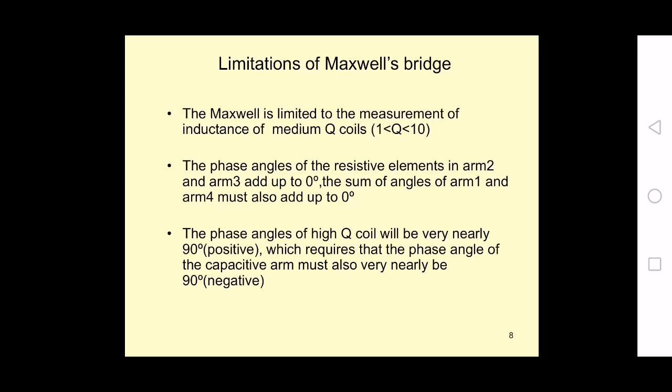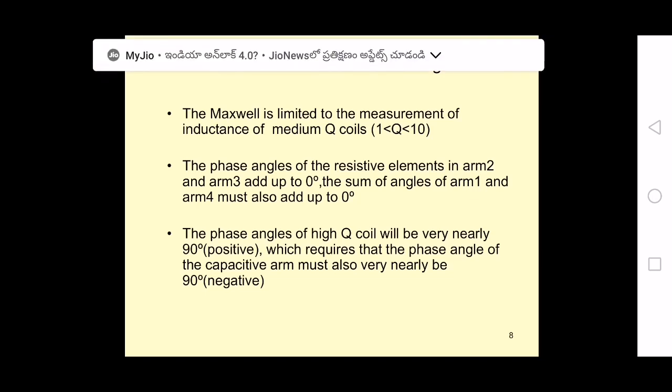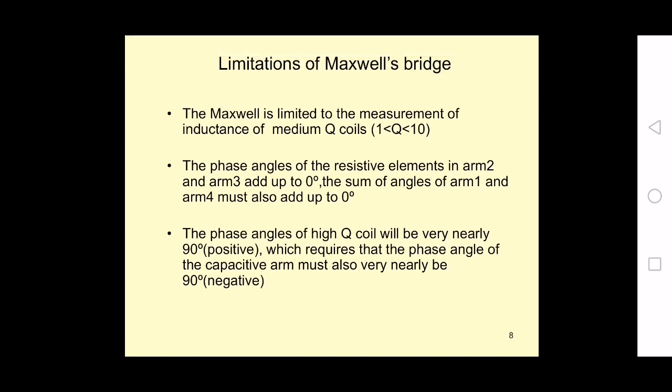The usual procedure for balancing the Maxwell bridge is by first adjusting R3 for inductive balance and then adjusting R1 for resistive balance.